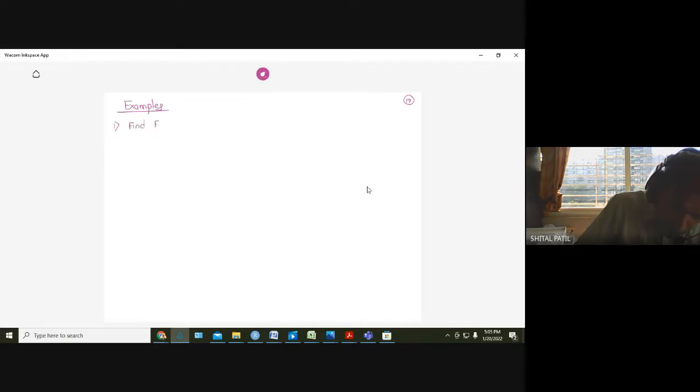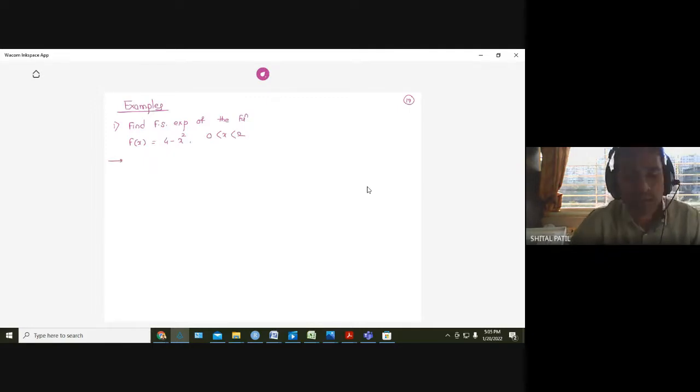Find, is it an even function or an odd function?